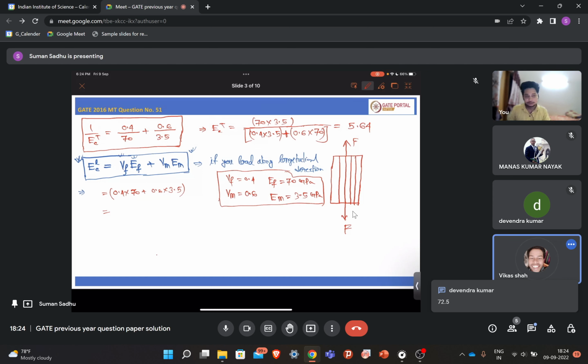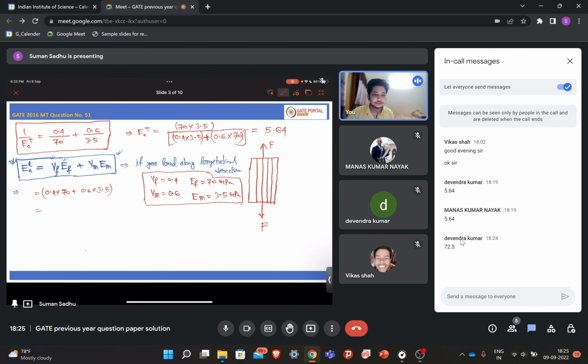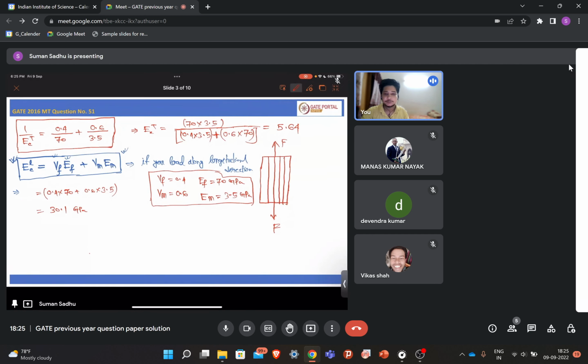Devendra, check your calculation once again. It should come 30.1. VF is 0.4, EF is 70, VM is 0.6, and EM is 3.5. So it will come 30.1 gigapascal.